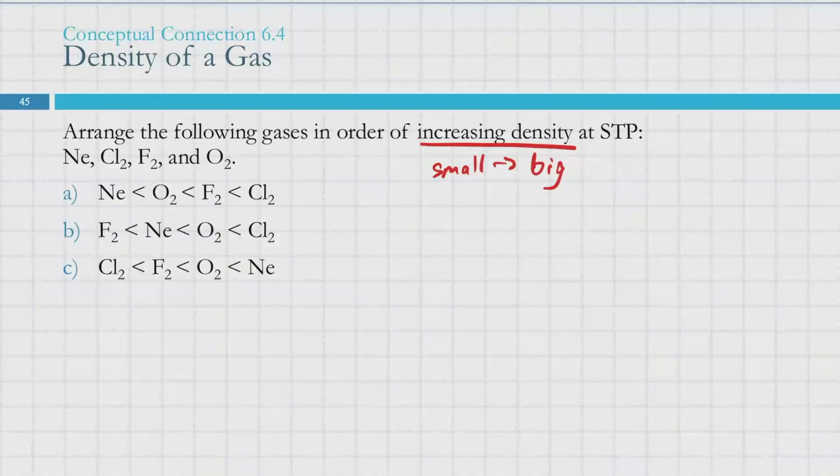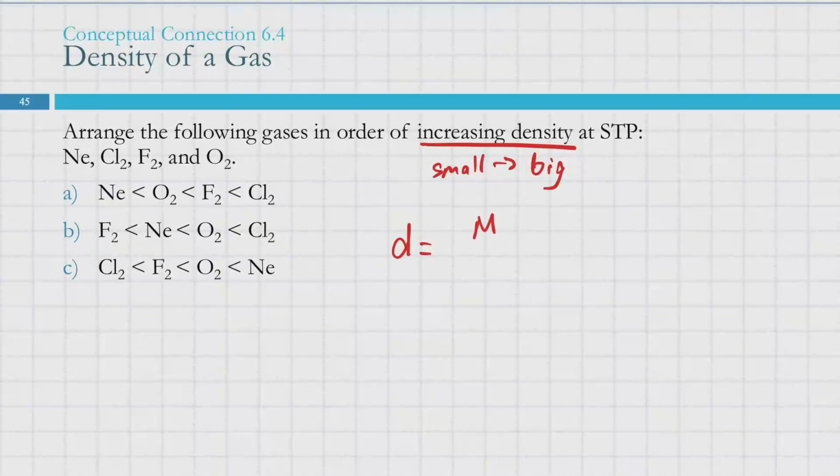What's related to density for gases at STP? Molar mass. And how are they related? Is it when one goes up, the other goes up? Is it when one goes up, the other goes down? Yeah, when one goes up, the other goes up.